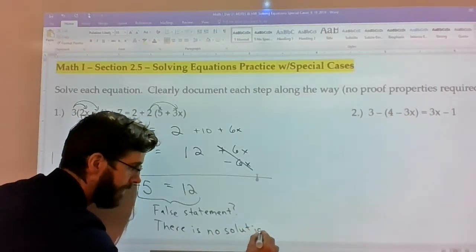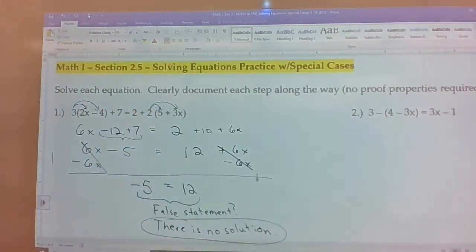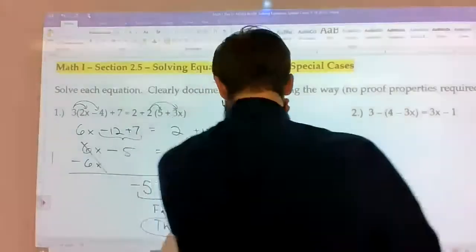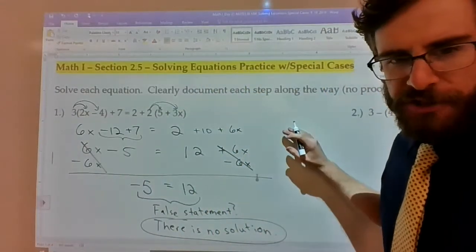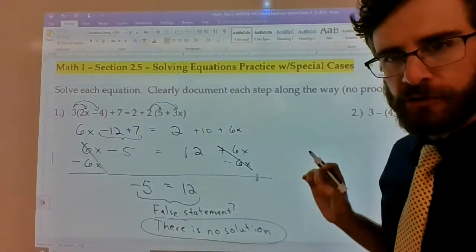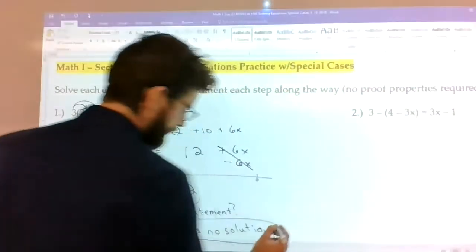Solve for x. There is no x to make this happen. So there's our first special case. There's no solution to this equation when the x's drop out and you're left with a false statement. I'd actually write that somewhere in the notes, okay?